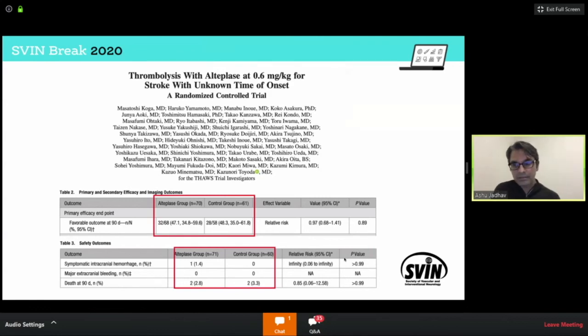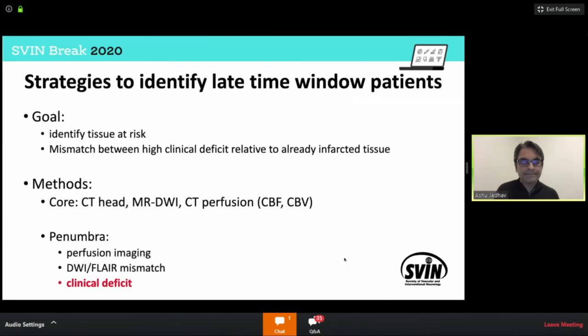So the WAKE-UP study was positive. That was 0.9 milligrams per kilogram, done in Europe. And in Japan, the trial showed no benefit, but just one caveat is in Japan, they use a lower dose of TPA. They use 0.6 milligrams per kilogram. And so perhaps that may explain some of the discrepancies between the two trials. But as of now, we have one trial that shows benefit and one trial that is neutral.